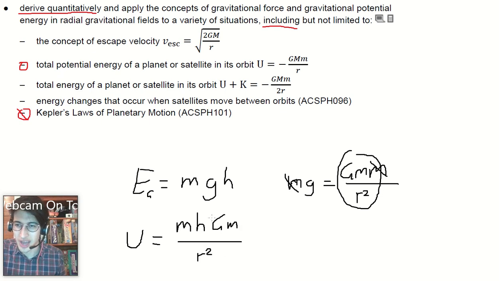Right? And the height in this case is going to be the distance above the center of the planet, and that's the same as what the radius is. So we can cancel this squared and cancel that h. So we end up with capital G, big M, little m over r, and that's what we've got there. The only difference now is this negative.